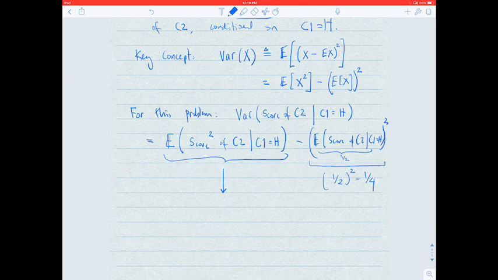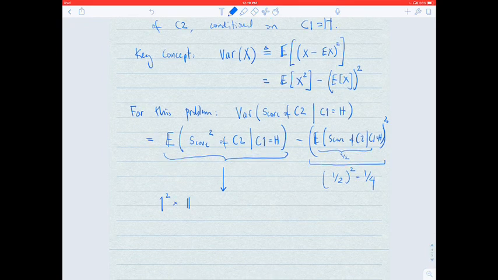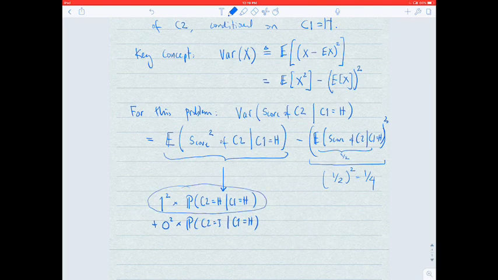And so this first part is equal to 1 squared, or just 1, times the probability that C2 is equal to heads, conditioned on C1 equals heads, plus 0 squared times the probability that C2 is equal to tails, conditioned on C1 is equal to heads. So, in fact, this is just equal to this, which we also computed in the last exercise.